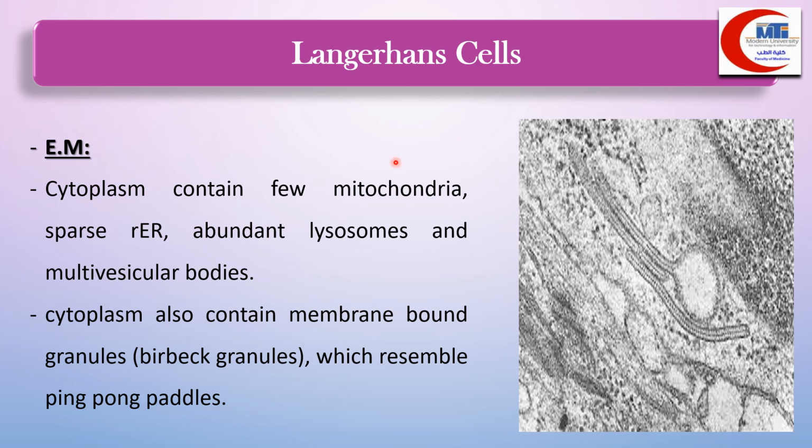By the electron microscope, the cytoplasm of Langerhans cells contains well-developed Golgi apparatus with sparse rough endoplasmic reticulum. The rough endoplasmic reticulum is not very prominent. The cytoplasm also contains mitochondria, abundant lysosomes, and multivesicular bodies.